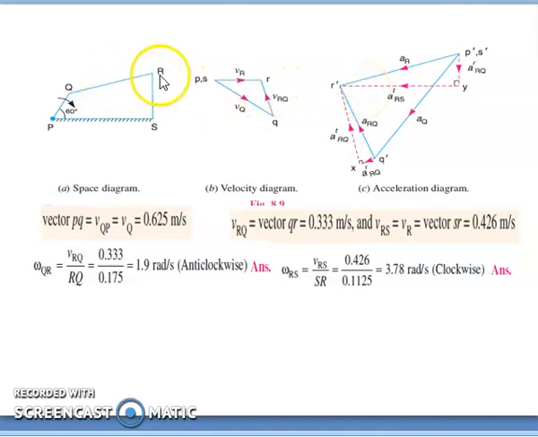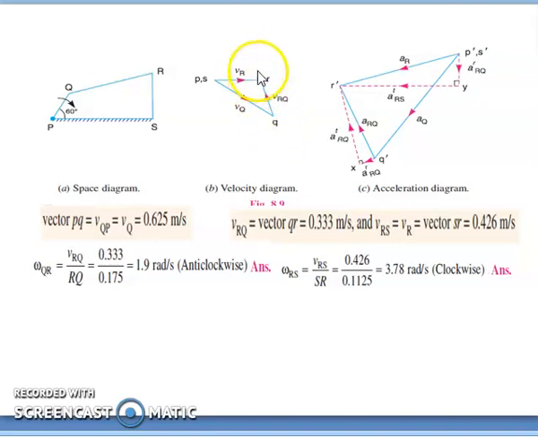Similarly, the point R is also going to rotate with respect to Q, so from Q you draw a line perpendicular to QR. These two lines will intersect at a point that fixes the point R. If you measure this, you can find the velocity VR.